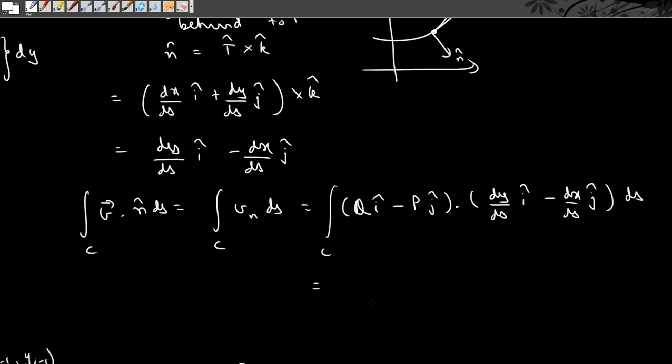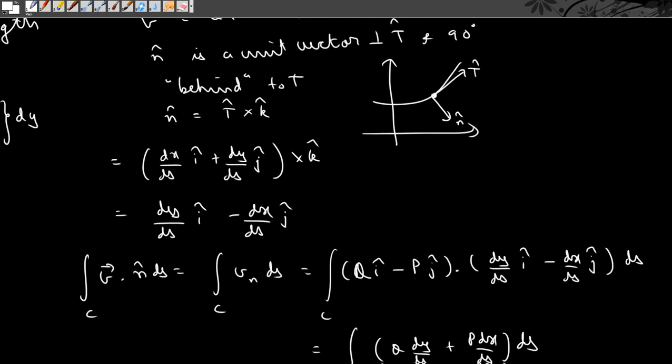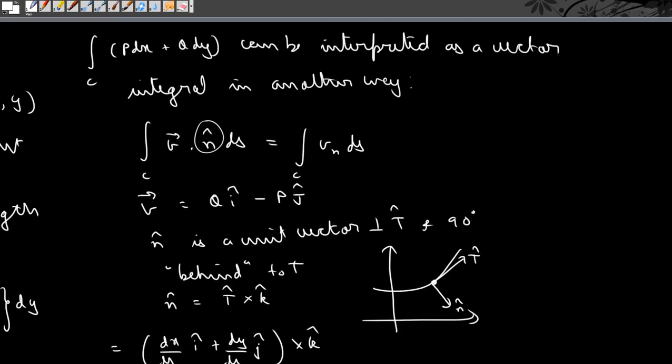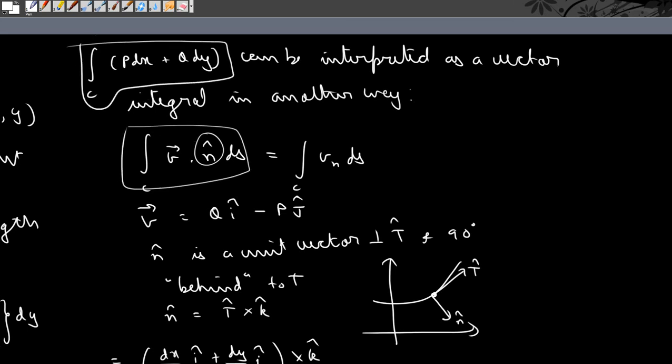So this will become integral over c of q dy by ds plus p dx by ds times ds, which is nothing but our original integral p dx plus q dy. Therefore, this is another way of interpreting our integral in the form of a vector integral.